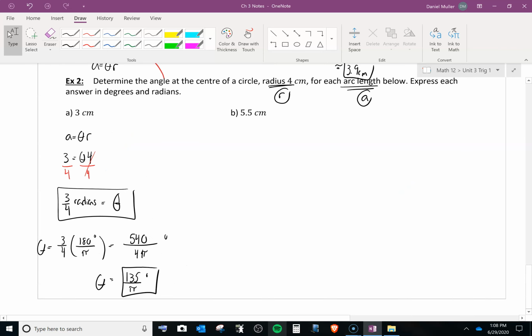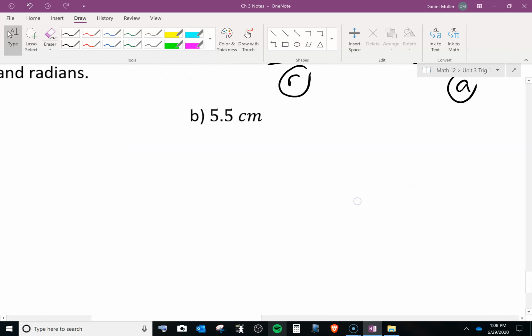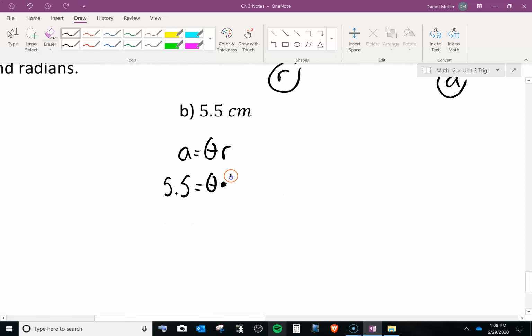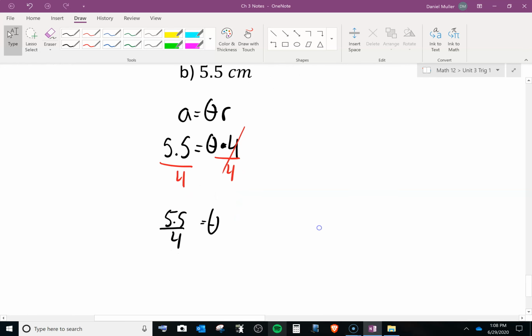Now, in B here, it's saying that my arc length is 5.5, so I'll write that, and theta, and my radius, I've forgotten, is 4. So it's times 4. So I'll divide by 4, divide by 4. So theta equals 5.5 over 4. By the way, if you don't want decimals, you can always double.